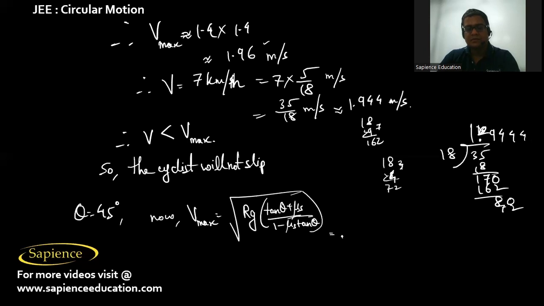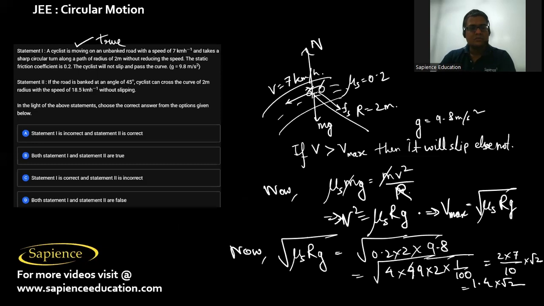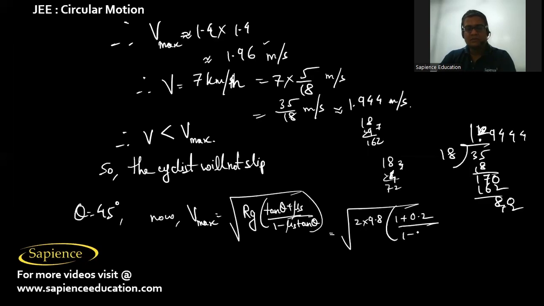So this will be equal to root over Rg, R is 2 into 9.8, into 1 plus mu s, that is 0.2, by 1 minus mu s, that is 0.2, into tan theta, that is 1.